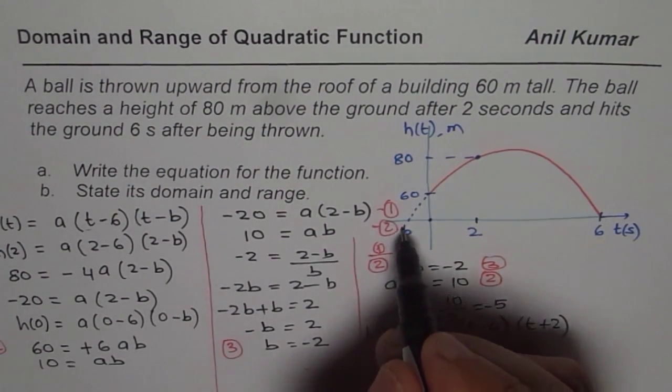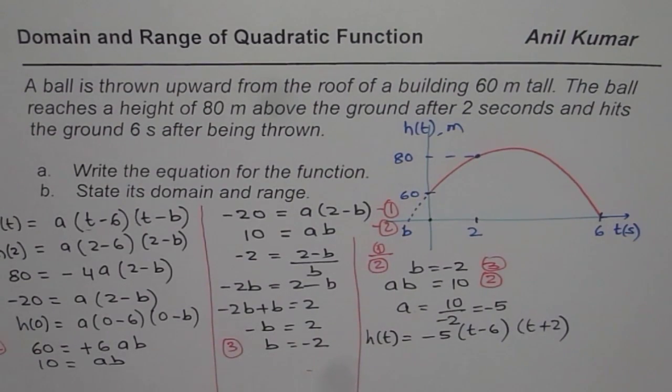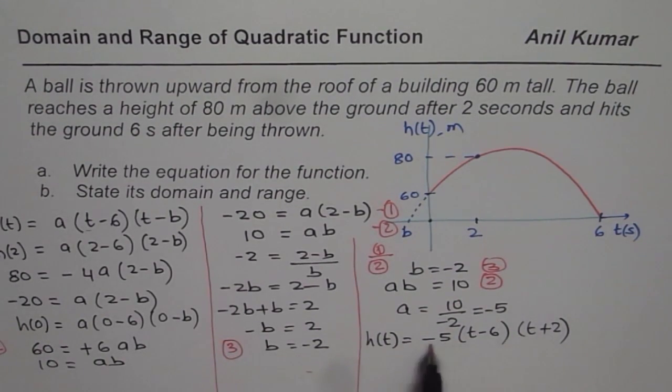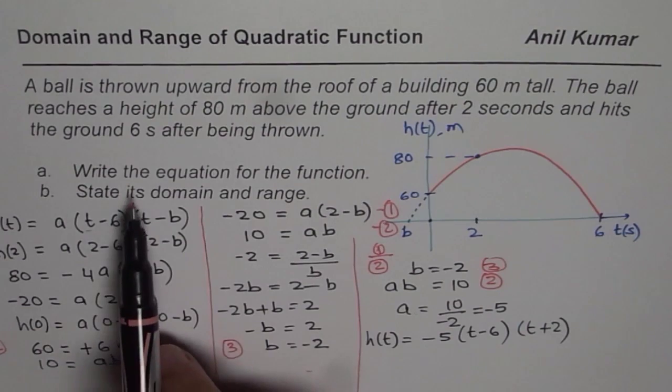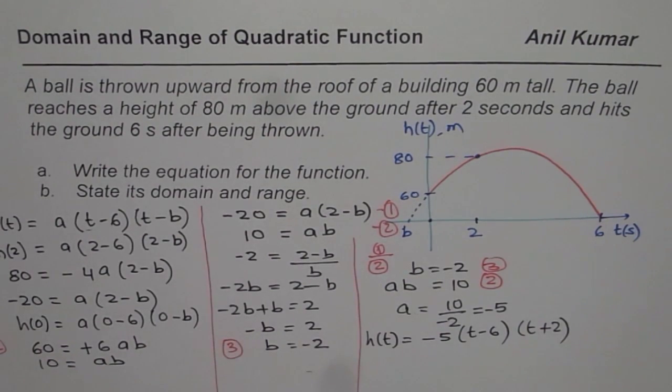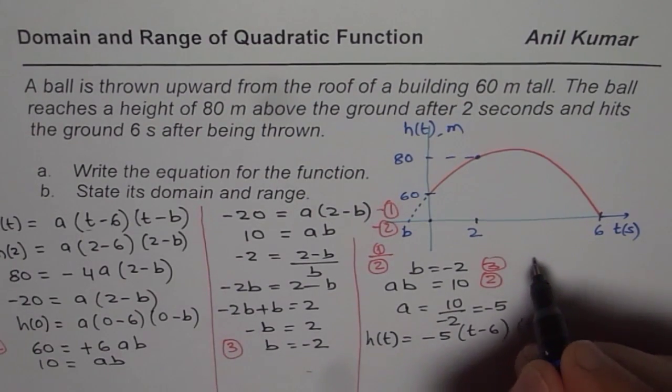So this point is indeed minus 2. Now that makes this point to be in the center. That's a different story. So this is the quadratic equation which we get, and now we need to find its domain and range. So of course the domain for this is, let me write down here itself.